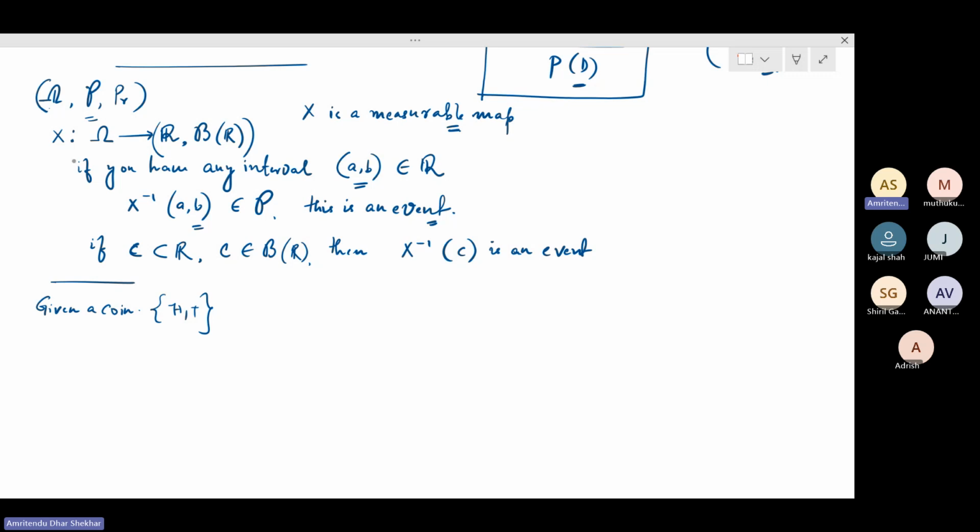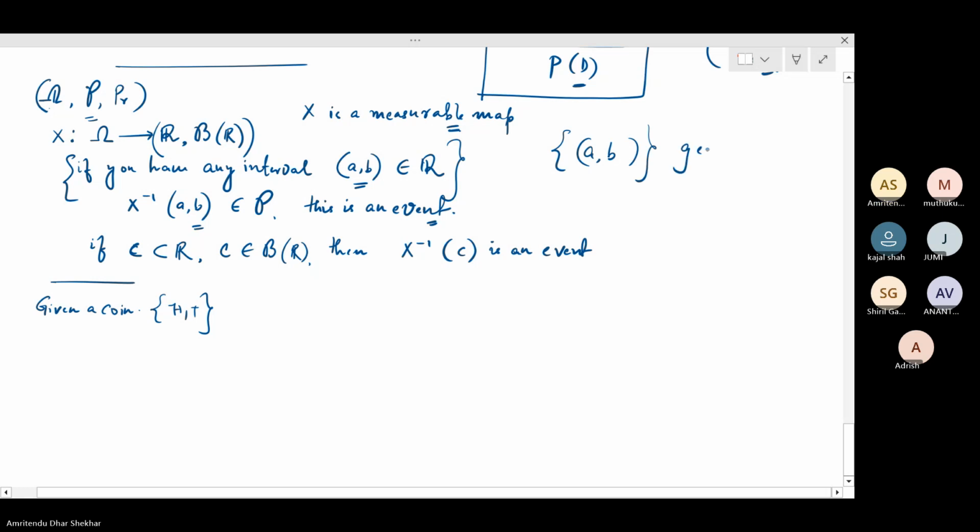Now, why I've written it in this way is because sets of this kind, a comma b, actually generate B of R. So the Borel sigma algebra on R is generated by sets of this kind.